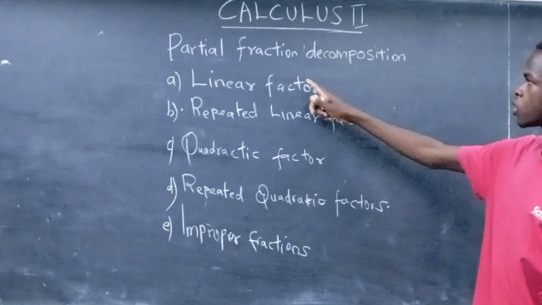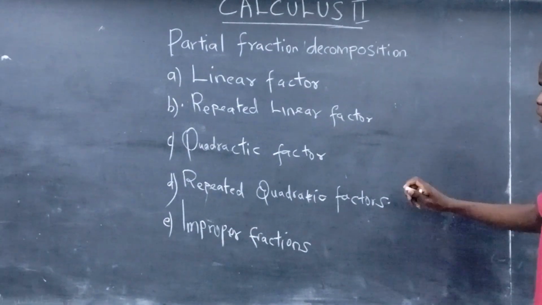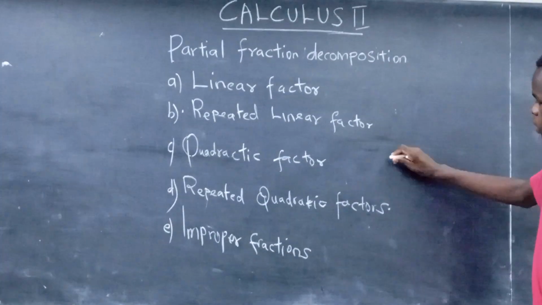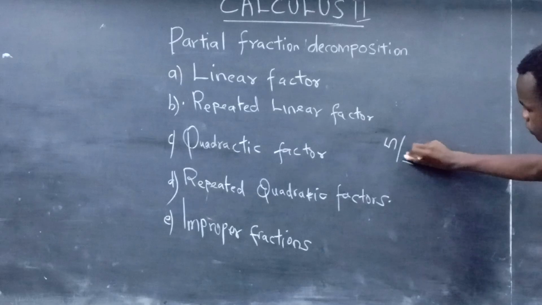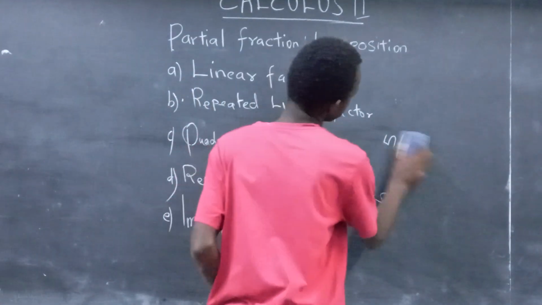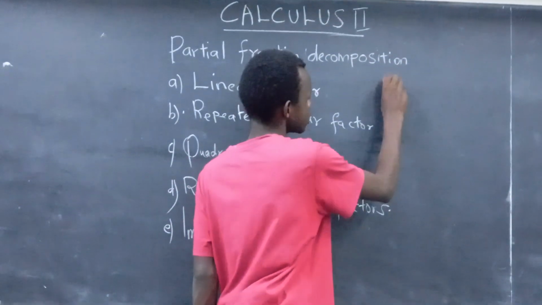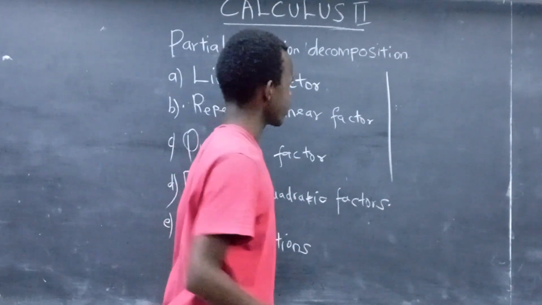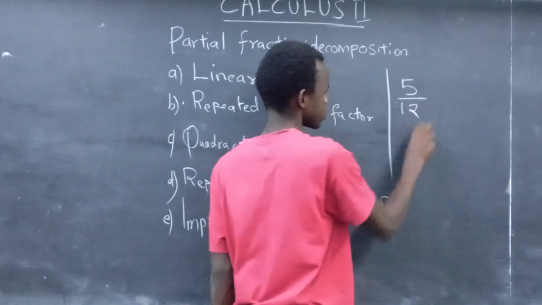In partial fraction decomposition, just a small explanation of that: we are given something like 5 divided by 12.